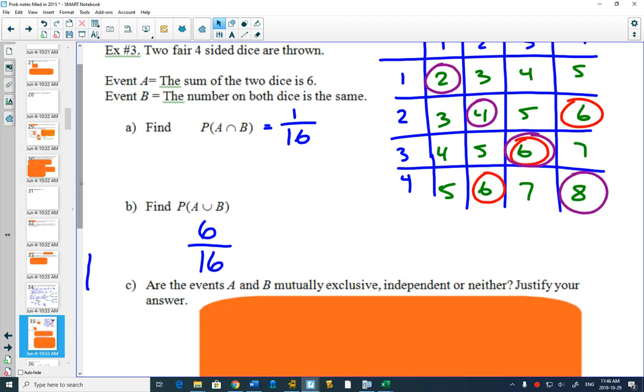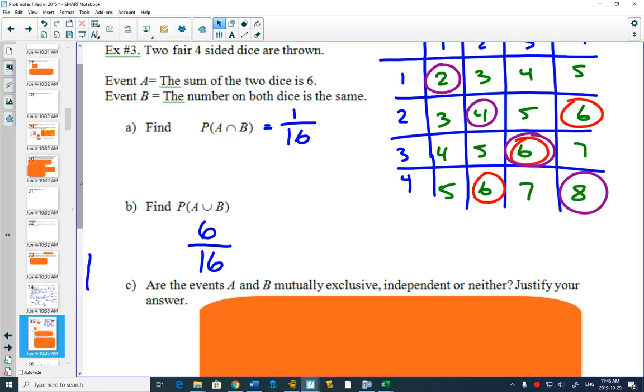Because in this case, so this is a good question. They would be independent events if the situation was roll them, then roll again. But in this situation, it's just rolled once, and you're looking at the possibilities in rolling it once.